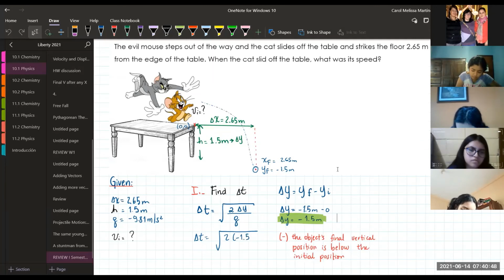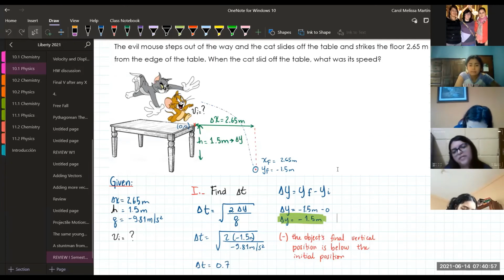Or what is inside the square root? 0.31. Yes, without the square root it is 0.31.